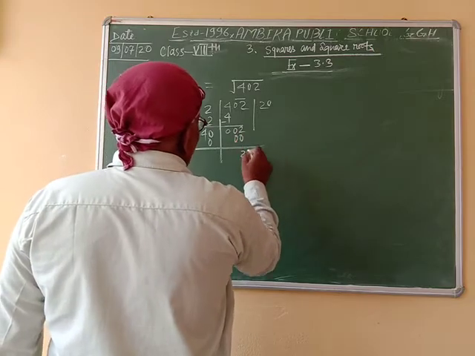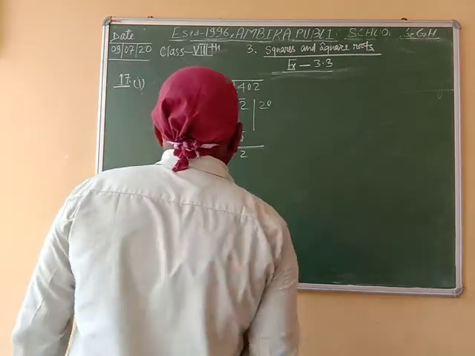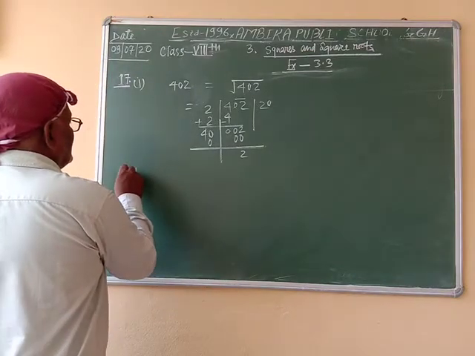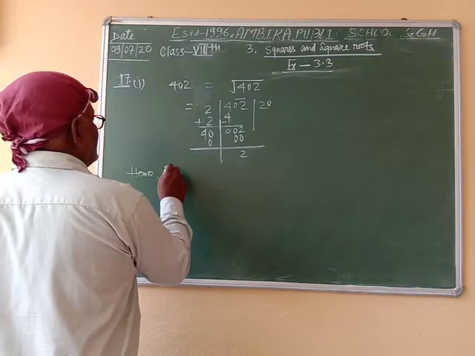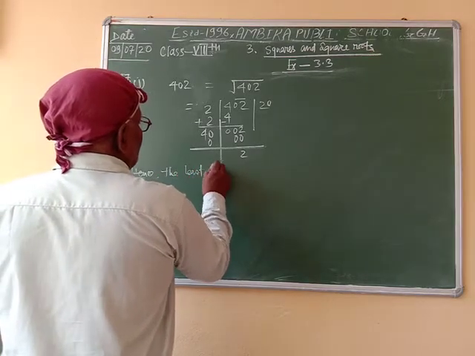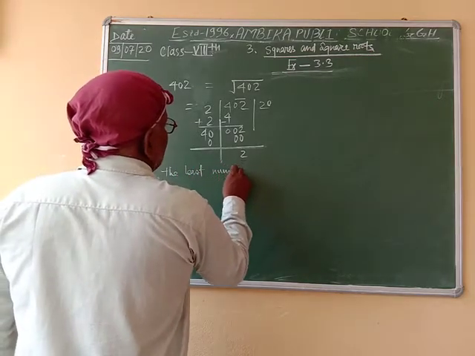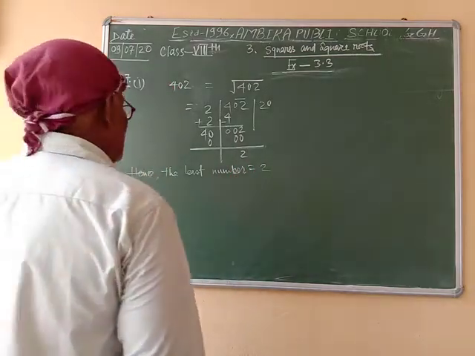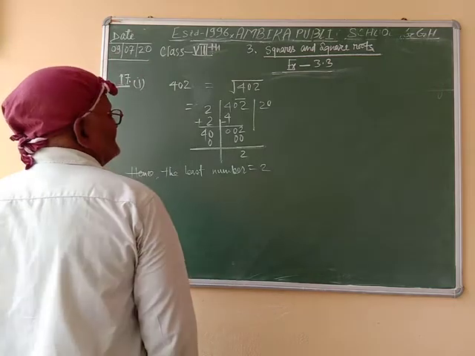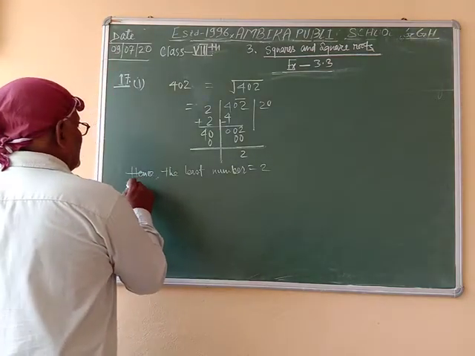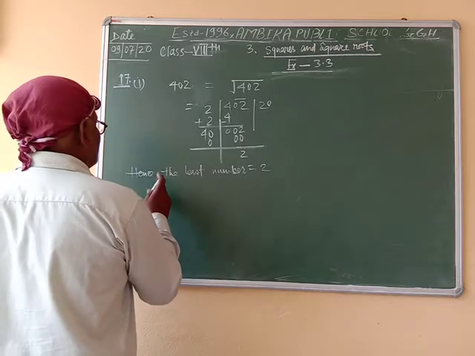The remainder is 2. So the least number is equal to 2, and the required number is found.